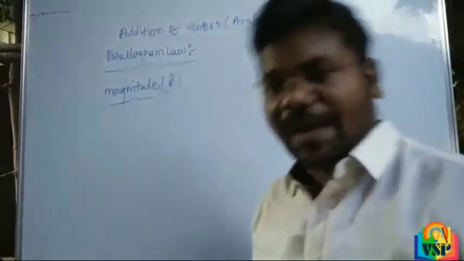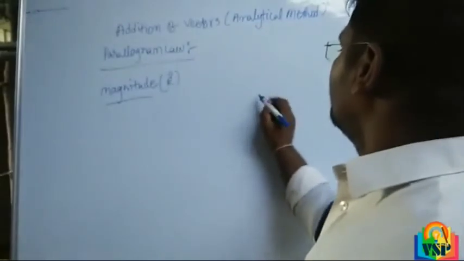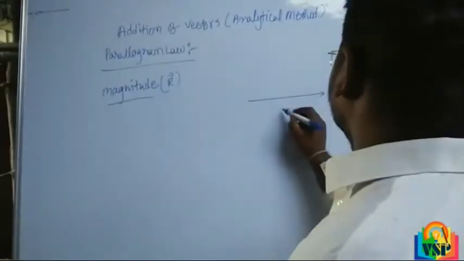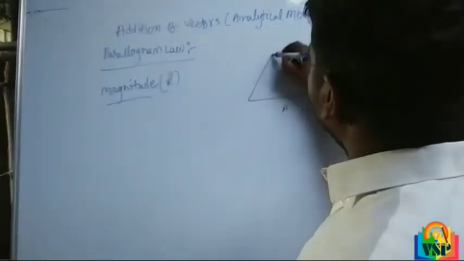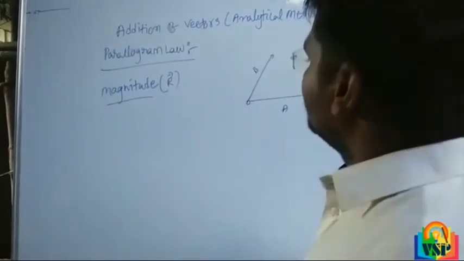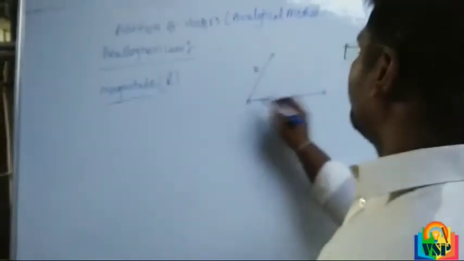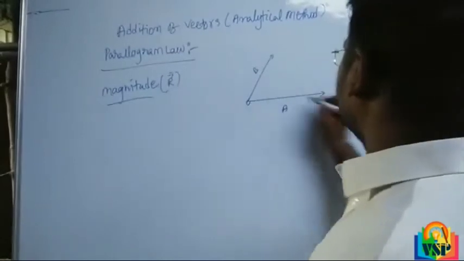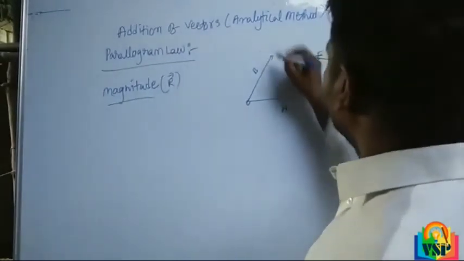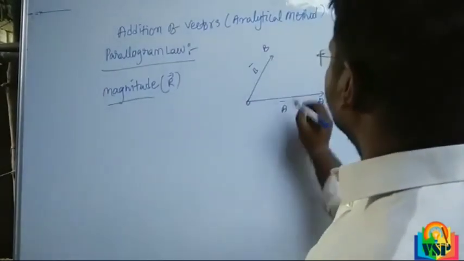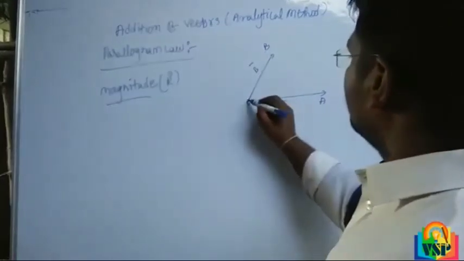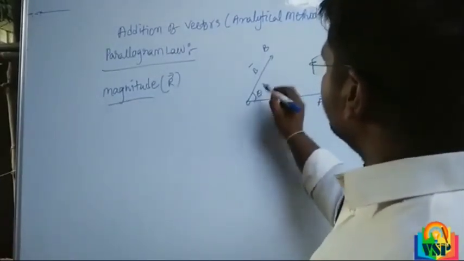According to the parallelogram law, if two vectors A and B represent two sides of a parallelogram, the angle between them is theta.